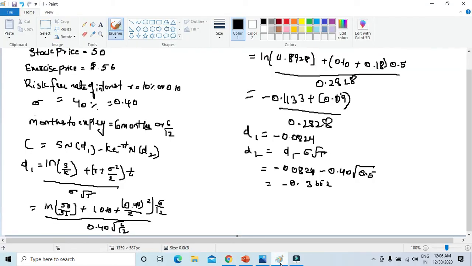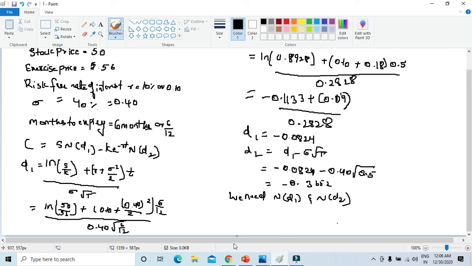Here the D1 value we got is minus 0.0824, and D2 is minus as well. Both the values are in minus, so we need to check out the negative values. I've already sent you the table values yesterday, just to concentrate on this. Now we have the D1 and D2 values. We now need the normal distribution values ND1 and ND2 for further calculation.